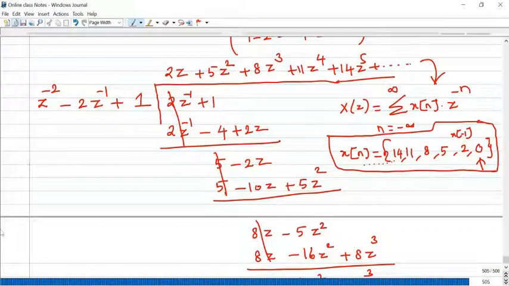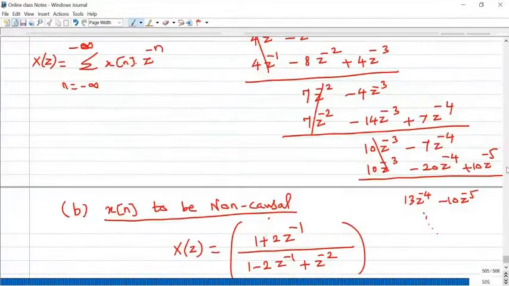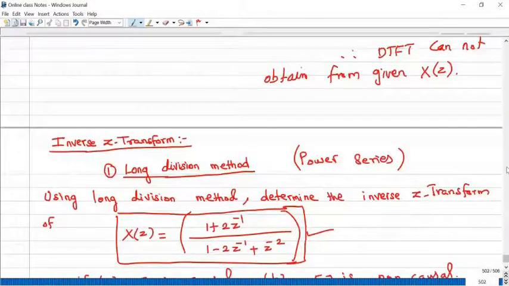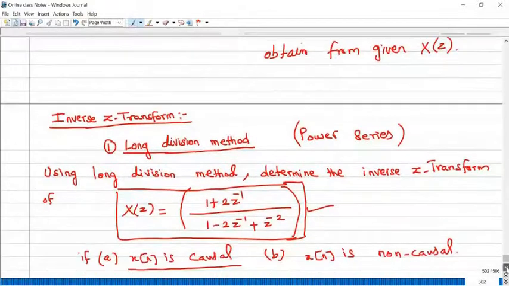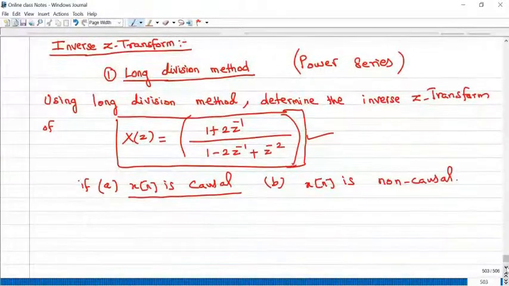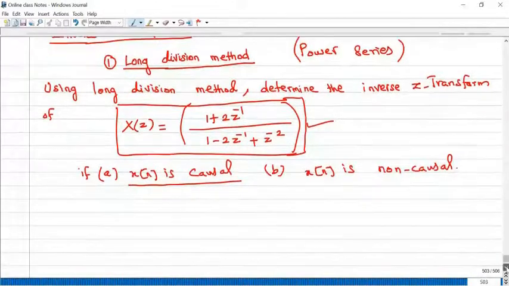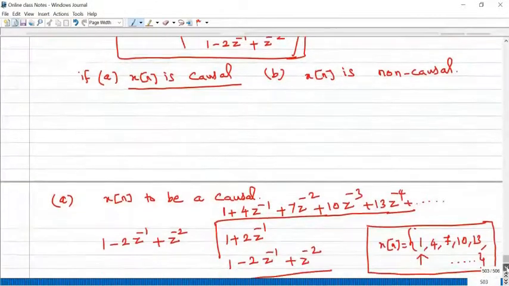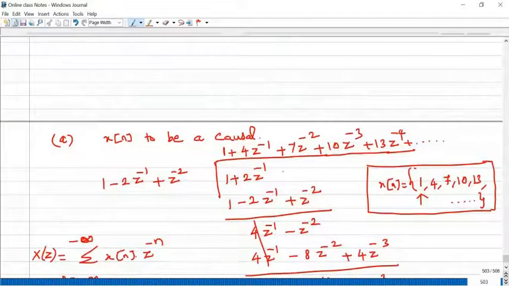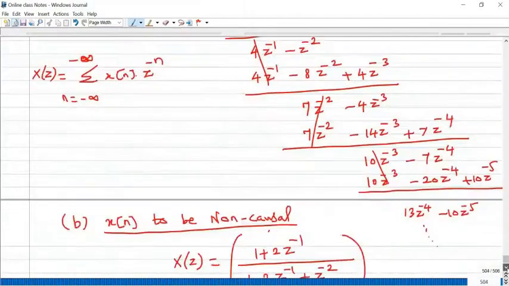So do you understand this power series problem? Simple cases. X of n to be causal, meaning a constant, z power minus 1, z power minus 2 and so on. Non-causal meaning z power minus series, highest term first.